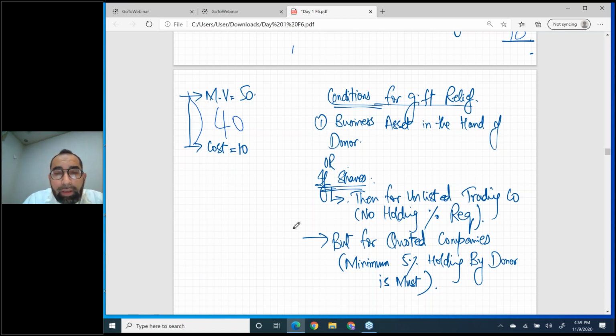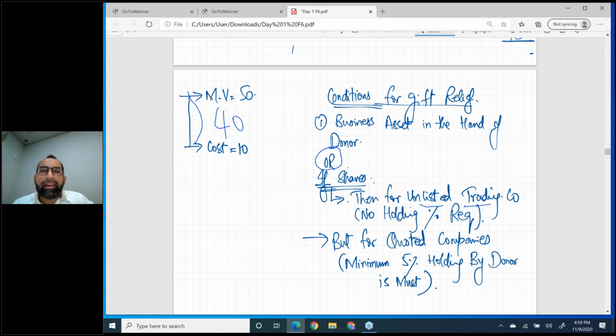And second, if dad is giving shares of an unlisted trading company, then no holding percentage is required. No need to check the holding percentage. But if dad is giving quoted company shares, then a minimum 5% holding by the donor is a must.